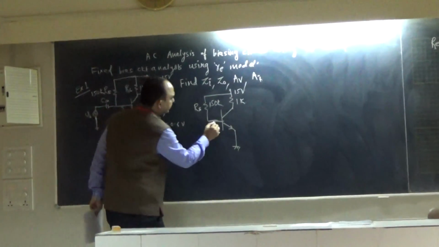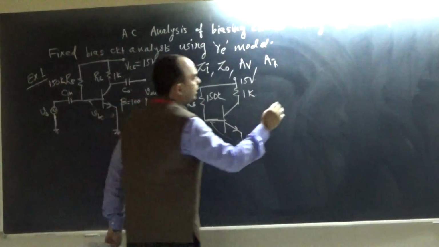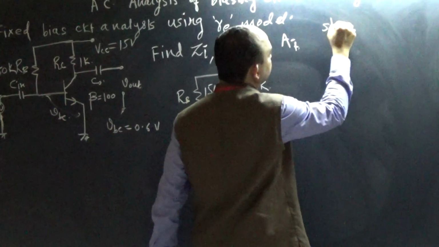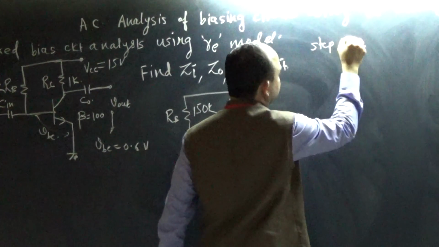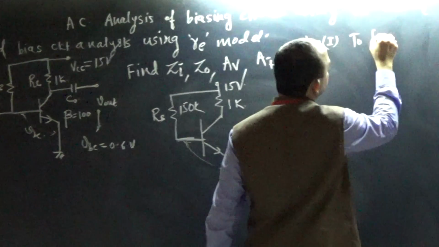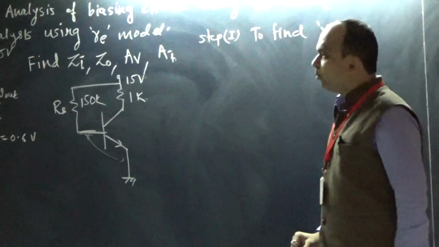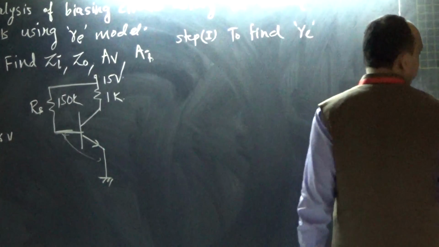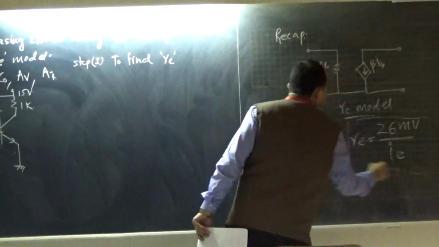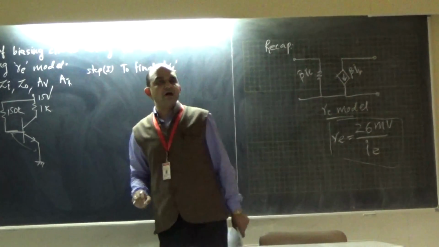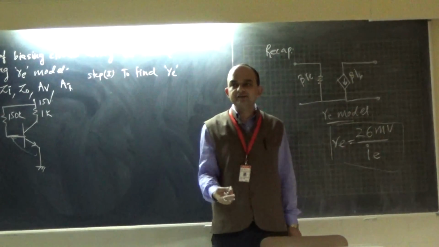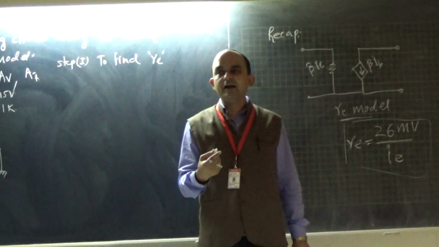So how can I get RE? Step 1, let us say, to find RE. To find RE, what I have said is RE is 26 millivolt upon IE. So I must know IE, the emitter current. How will I find IE directly?